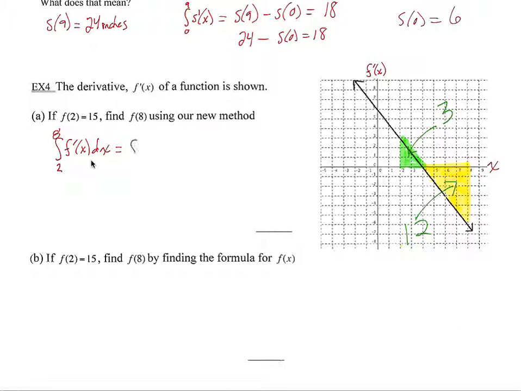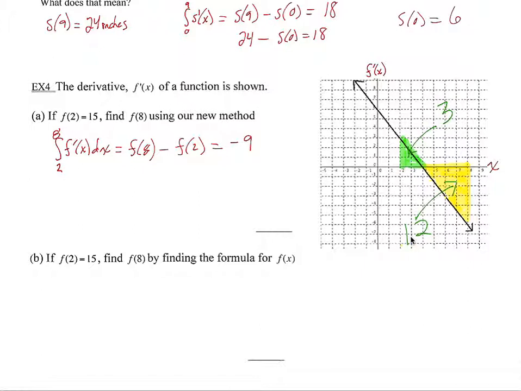So the ending position, f of 8, minus the starting position, f of 2, is going to be equal to the integral. Well, the integral is 3 units of area up on the top, 12 units of area on the bottom, which then means that the value of the integral is going to be -9.